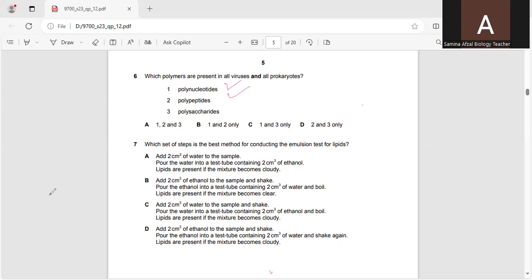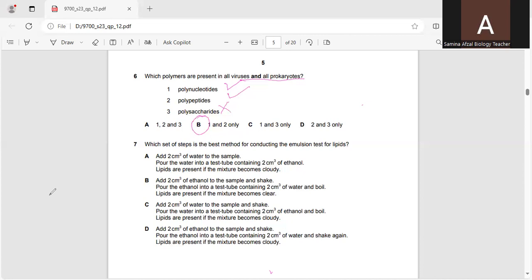Polysaccharides, no. In this way, only polynucleotides and polypeptides are present in viruses and in all prokaryotes, because polysaccharides are carbohydrates. So here you can see that B is the correct answer. Only 1 and 2 types are present in viruses and all prokaryotes.